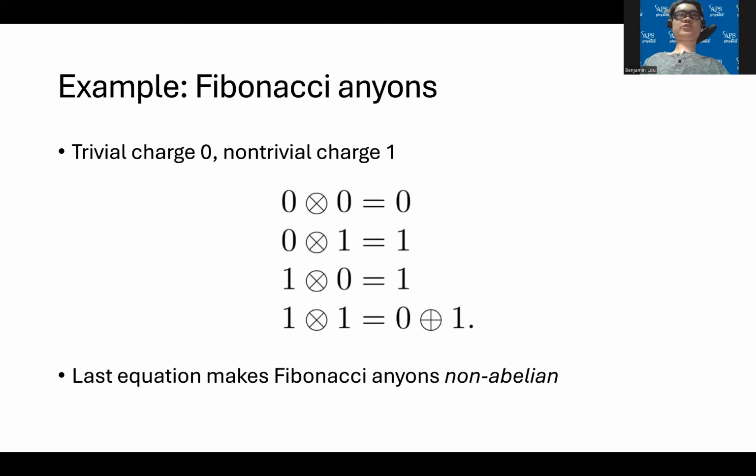This should remind you of a qubit. Now, because the total charge can have more than one possible value, we call Fibonacci anyons non-abelian. This non-abelian nature is extremely important for quantum computation.